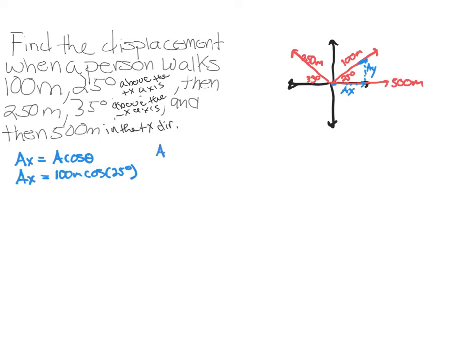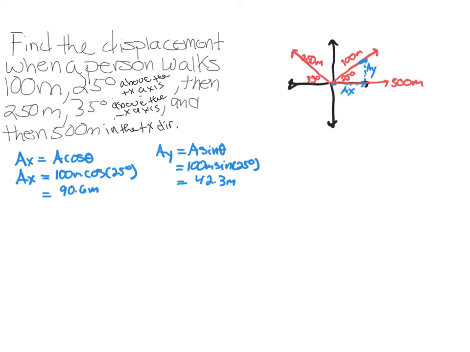And Ay is A sine theta, which is 100 meters times the sine of 25 degrees. Since we're moving up and to the right, both components are positive. All right, so I'm going to pause to get out my calculator and figure out what that answer is. All right, so you can see we have found the x and y components for vector A.